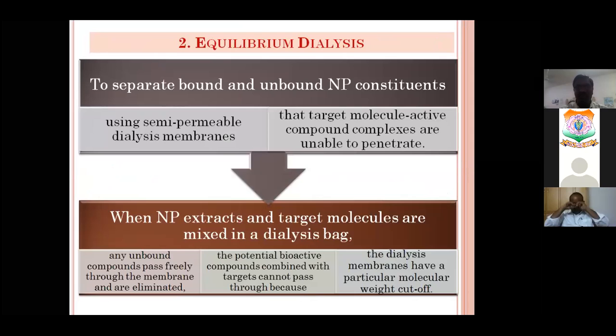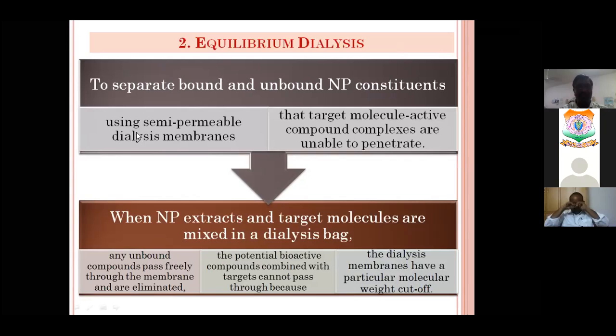Next one is equilibrium dialysis. This is another screening technique to identify the bioactive compounds from natural products. This technique enables us to separate the bound and unbound natural product active constituents using a semi-permeable dialysis membrane.